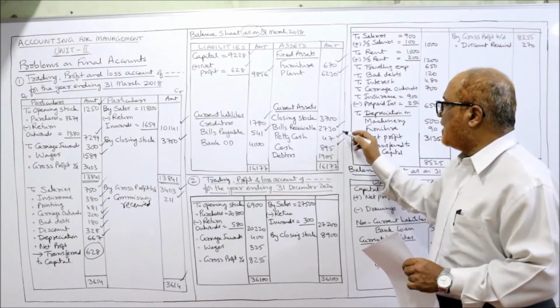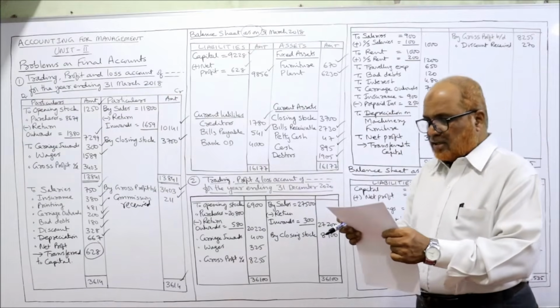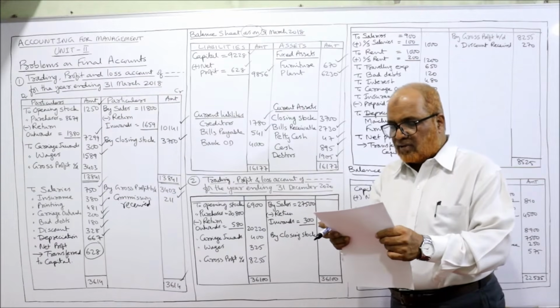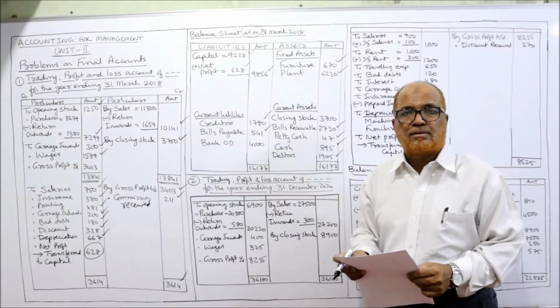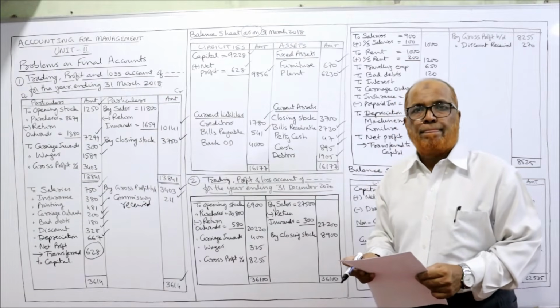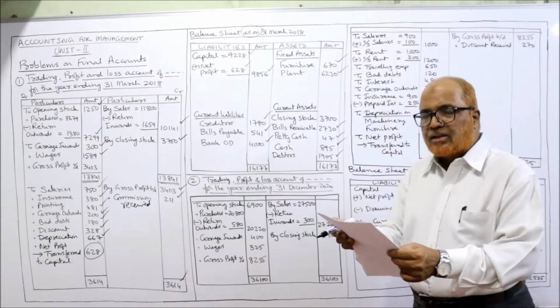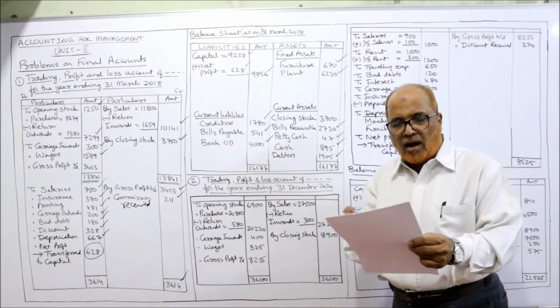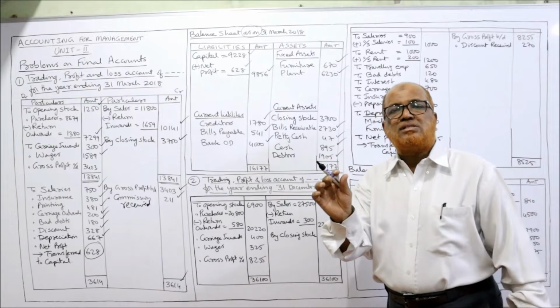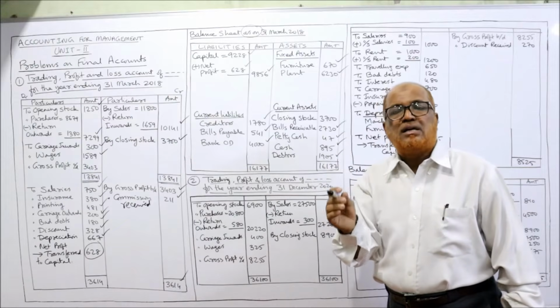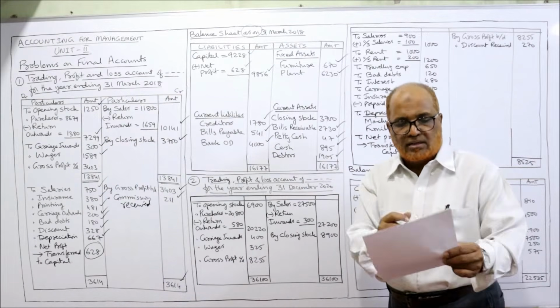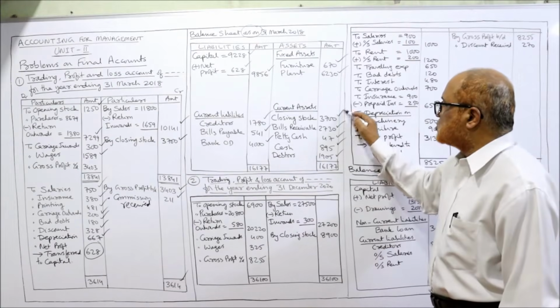So 1905 debtors we have taken. Then discount we have taken. Return inward over. Bank overdraft is a current liability, 4000. Last one, purchases we have already taken, and closing stock 3700, given below the trial balance, that is a current asset. 3700 current asset.